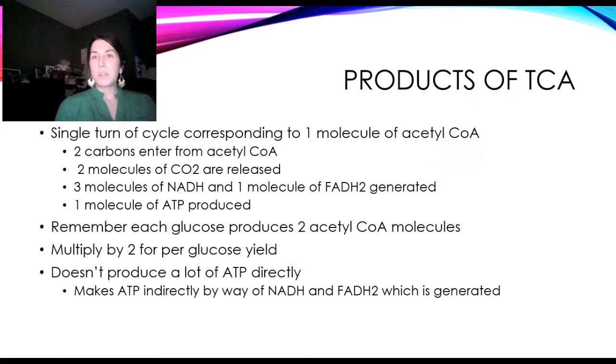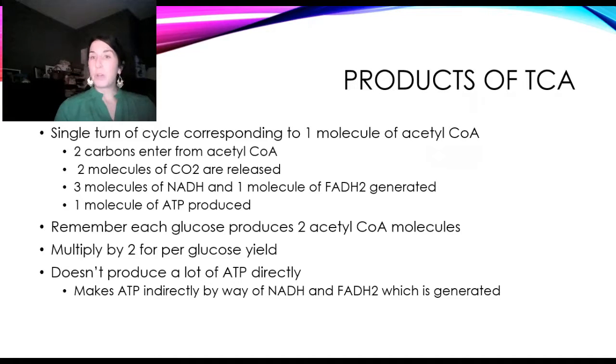So what do we get ultimately? What are the products of the TCA cycle? We need to think about what happens in a single turn of the cycle. If we have one molecule of acetyl-CoA that goes through the cycle, 2 carbons enter the cycle. We get the release of 2 carbon dioxide molecules.